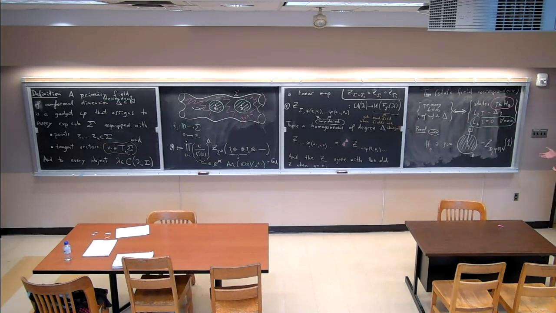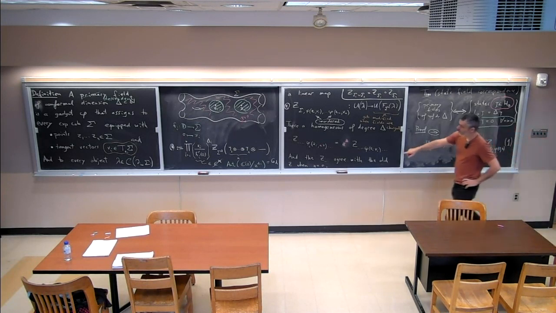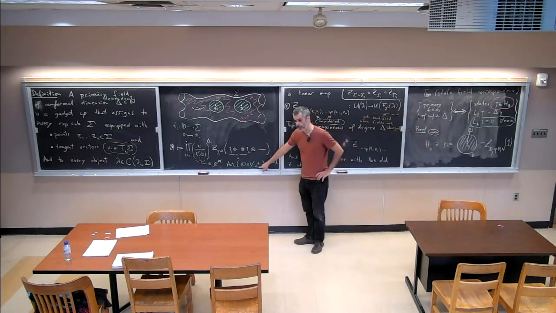So when you have just the minimal model, so you just have Virasoro, the generating field in that case, which is often called the stress energy tensor, will require looking at jets of order 3.